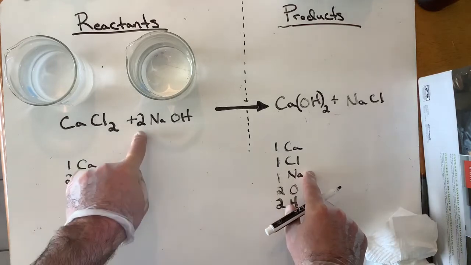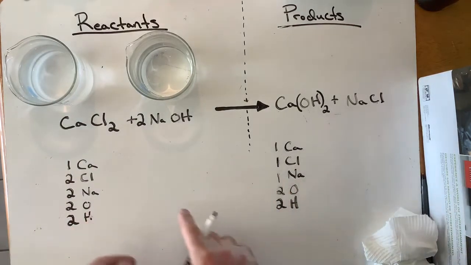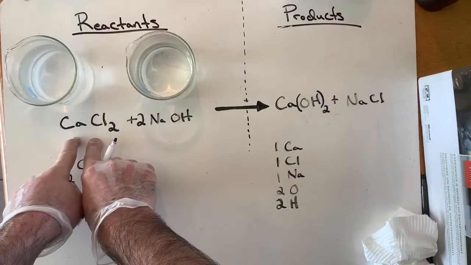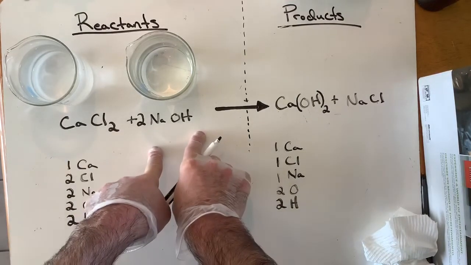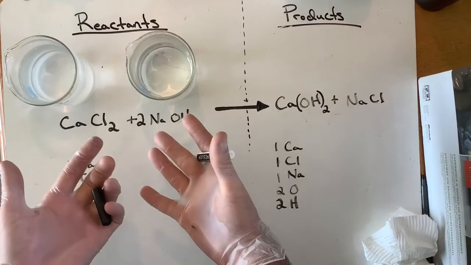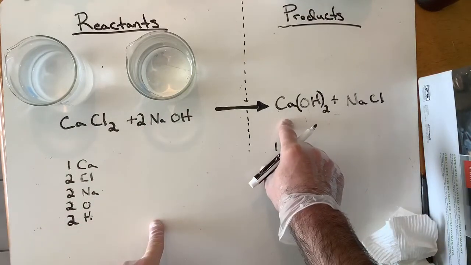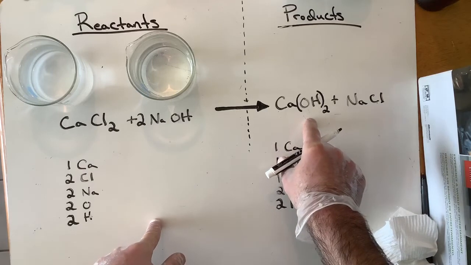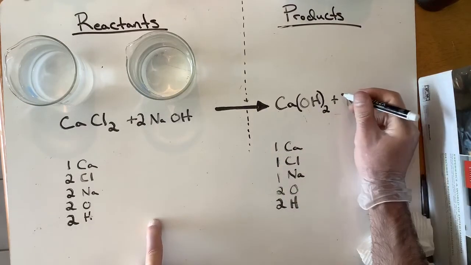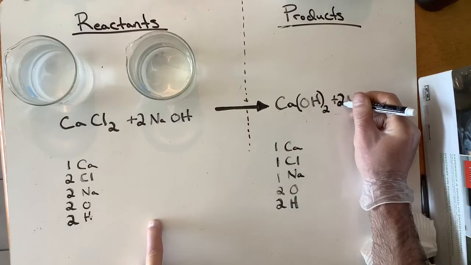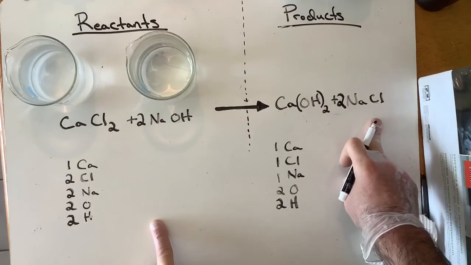So just like we did over here, we can say, look, if I start with one calcium chloride, two sodium hydroxides, what is that going to produce? Okay, what is that going to make in the end? Well, it's going to make one calcium hydroxide, but it's actually going to make two sodium chlorides.